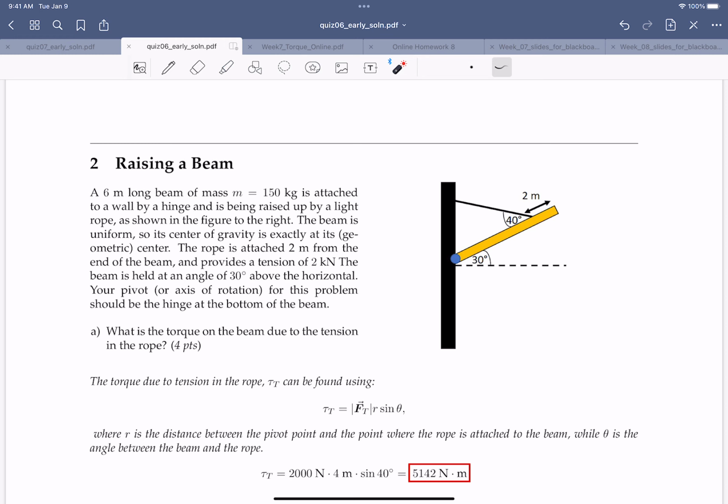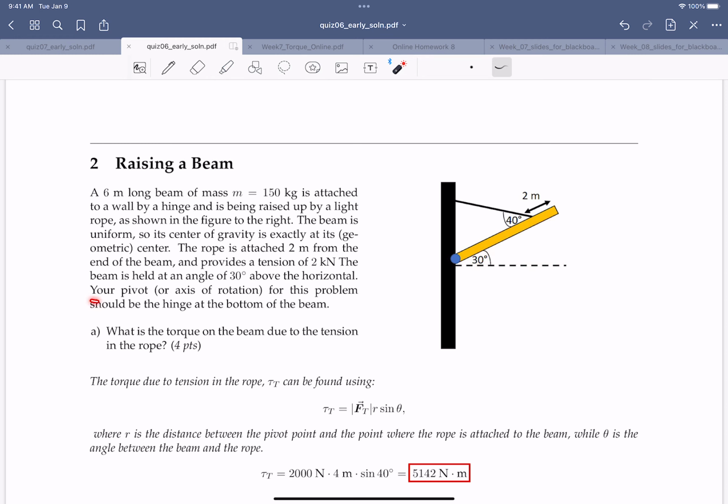That would be the center of gravity, right? I'm asking about the rope. So if the whole thing is 6 meters long, and the rope is located 2 meters from the end, yeah, exactly, right? So this should be 4 meters away. Yep. And then the rope provides a tension of 2 kilonewtons or 2,000 newtons, and the beam is held at an angle of 30 degrees above the horizontal. That's the beam itself.